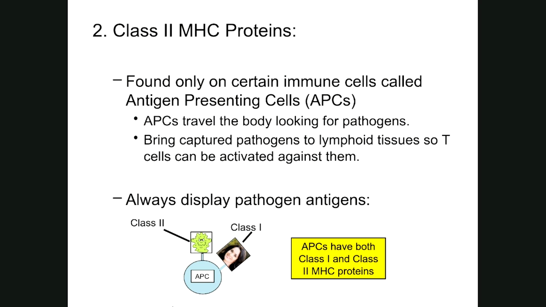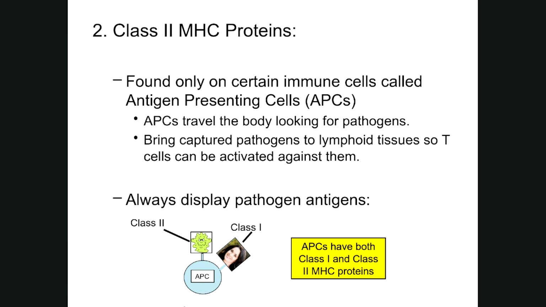So they're going to see this potentially harmful thing that's displayed on the class 2 MHC proteins of the APC, and they're going to make a decision whether we activate the entire immune system against it or whether it's something that's actually harmless.